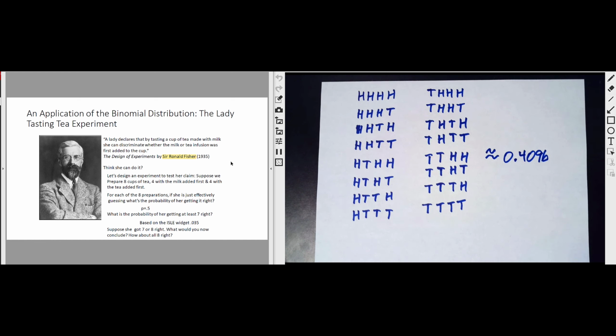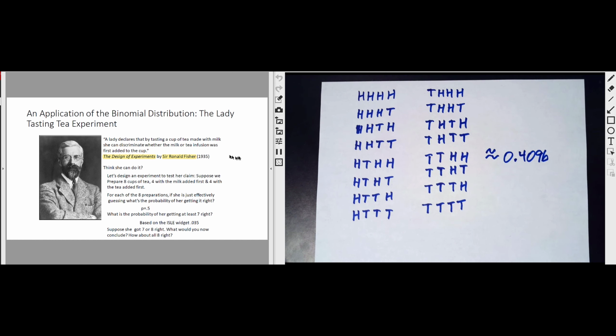And he published this book called The Design of Experiments. He has been dead for a long time. You can go out to the web and you can find a PDF of this Design of Experiments book, and it's a very worthwhile read.